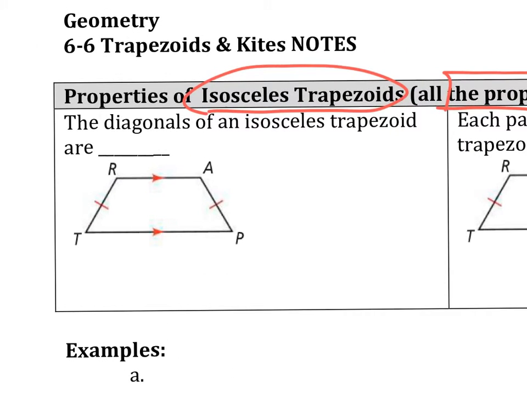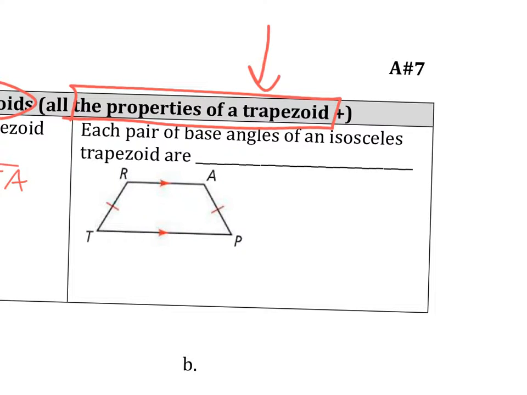So here, the diagonals of an isosceles trapezoid are, any guesses? Congruent. Which means that segment RP is going to be congruent to segment TA. And then next, each pair of base angles.